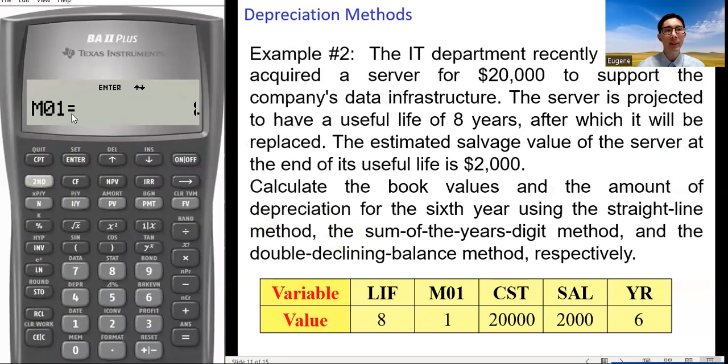And then M01 is 1. CST, 20,000. Press enter. And then SAL, 2,000. Enter. YR is 6. Press enter.